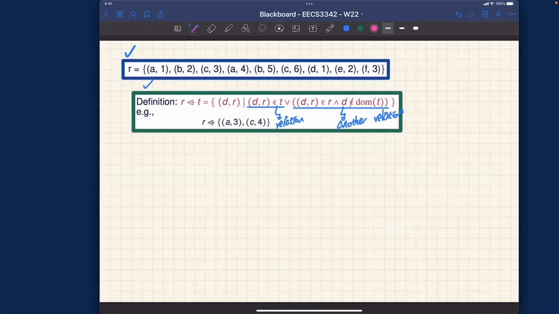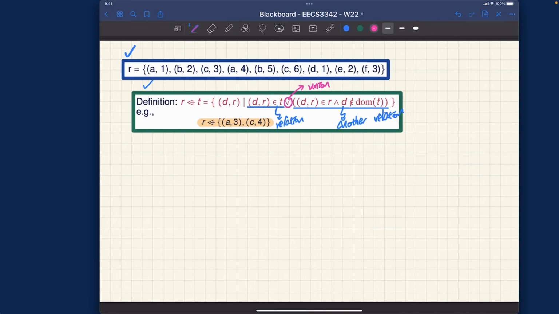And this part over here is really about union. To union the two relations together, each relation is simply a set of ordered pairs. The union is just another set, presumably a bigger set. And we're going to see how we can calculate this relational overriding.